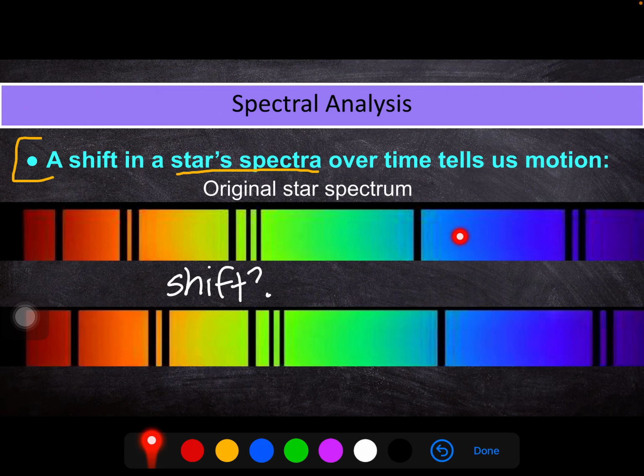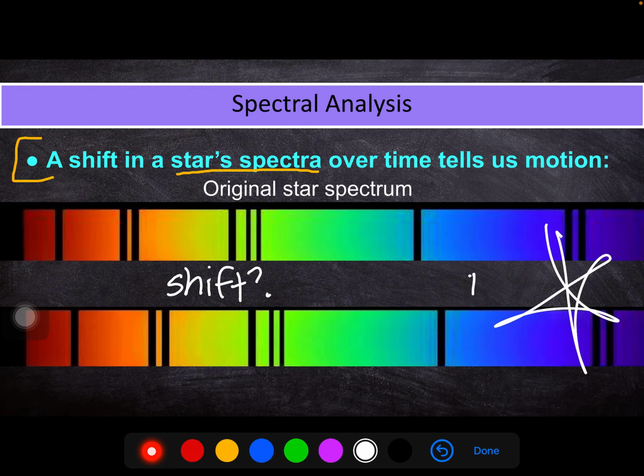So when I'm comparing my original to the star in motion, I can trace that light down and notice as I look, all these spectra have shifted towards this end.